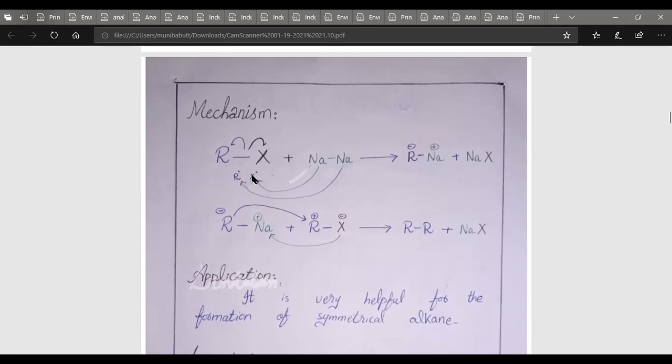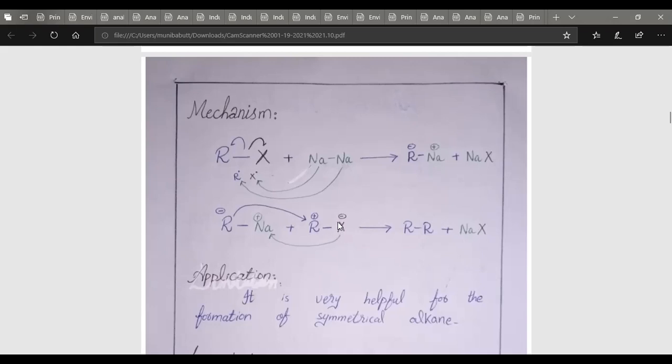So here I formed a product, R dot and X dot, which show the radical sign. When they react with sodium, one sodium gains a halide to form sodium halide, and the other sodium contains an alkyl group. In this way we get this product. When this reacts again with alkyl halide, the halide has a high electronegativity compared to carbon.